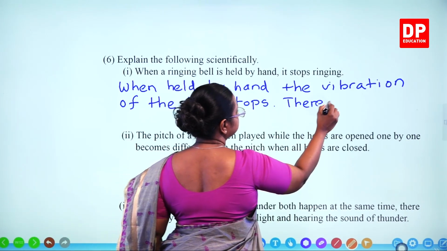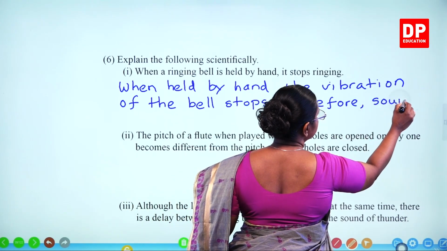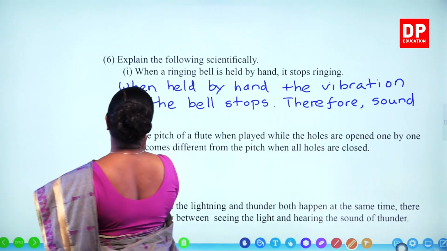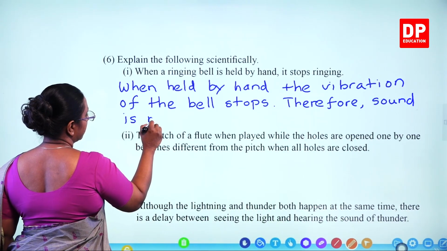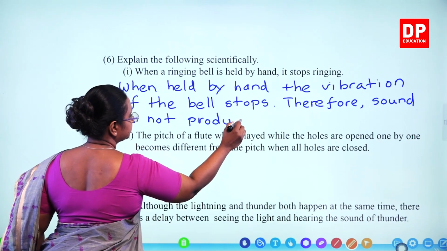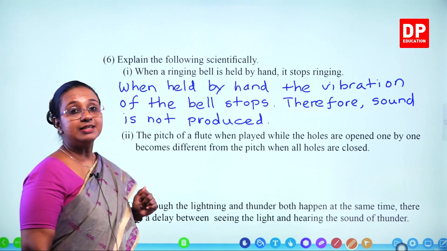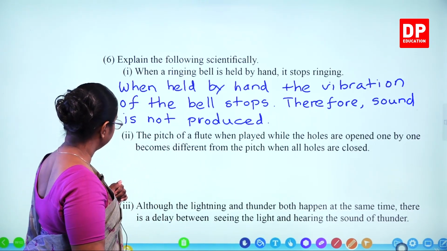Therefore, sound is not produced. So that is the scientific explanation here.